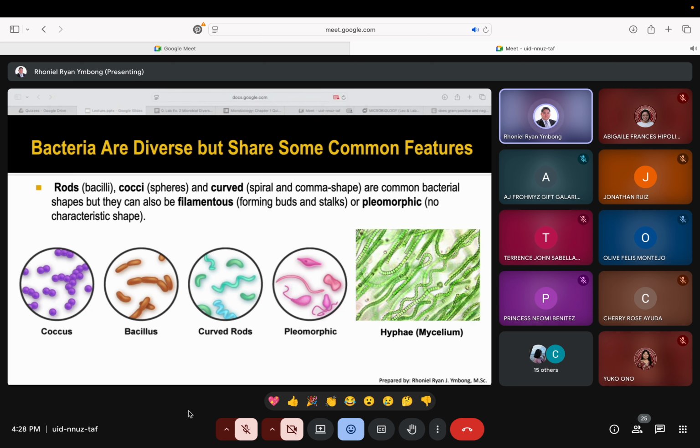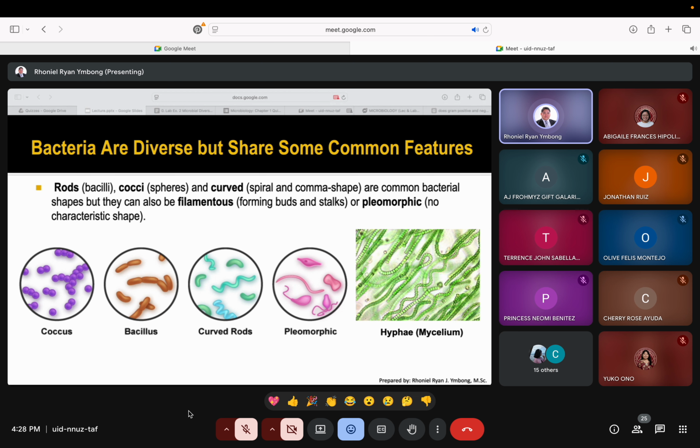So there is no distinct or definite characteristic shape for your particular bacteria. So aside from being spherical, rod shape or curved rod, if you see other types of shape, then these are what you call pleomorphic. So they have different shapes.